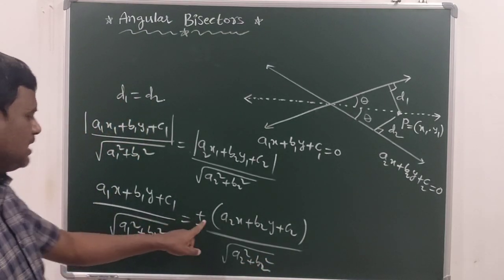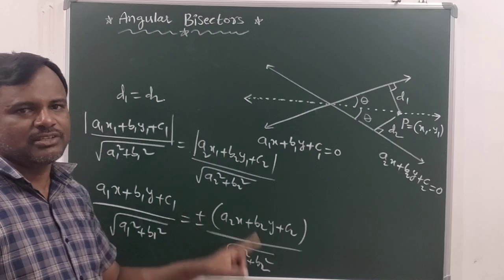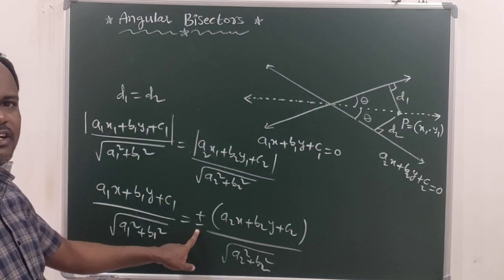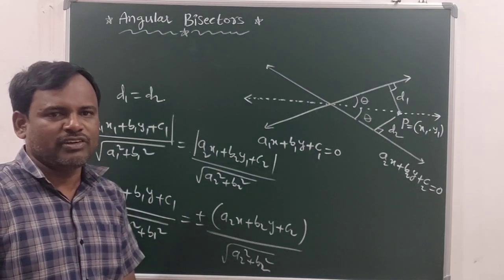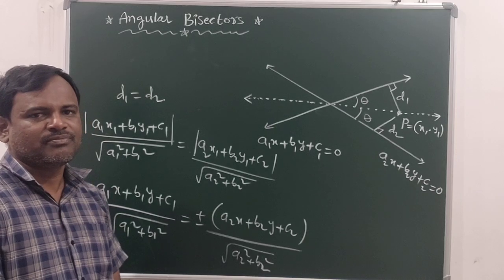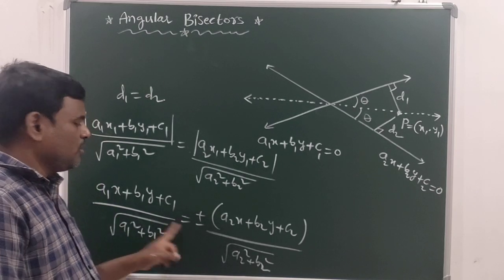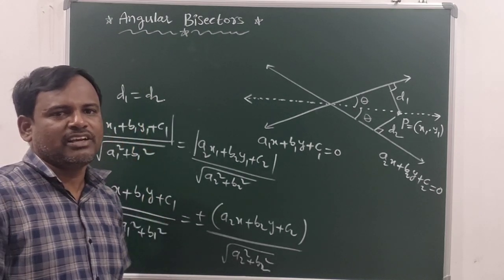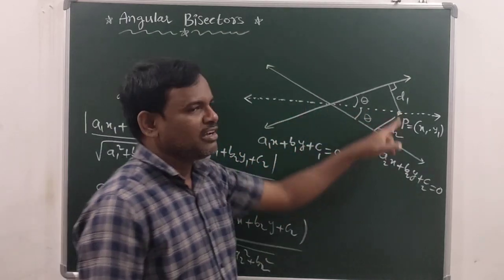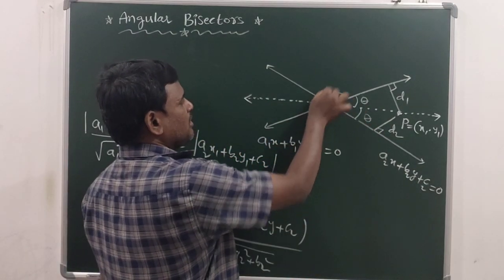Now when you take plus, you will get one equation. If you take minus here, you will get one more equation on simplification. So you will get two angular bisector equations. One is this one and one more is this one.